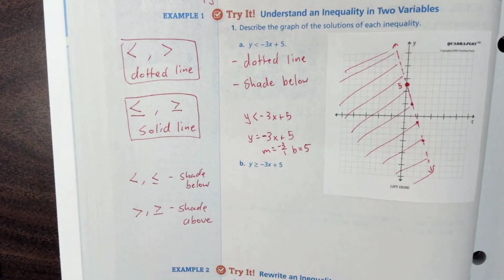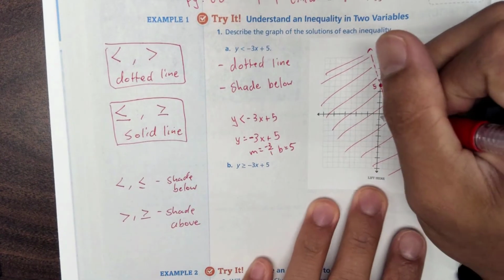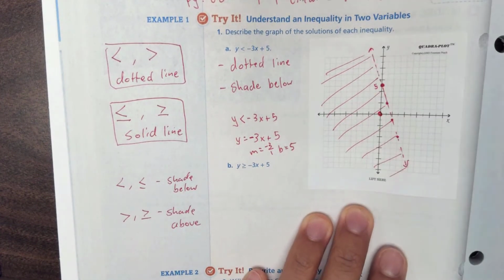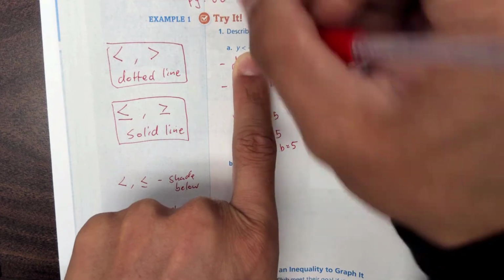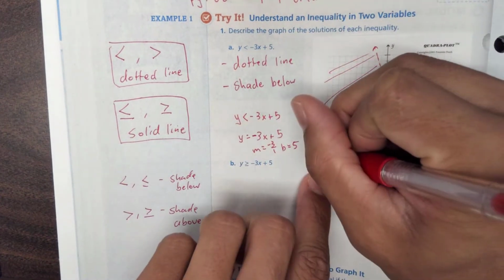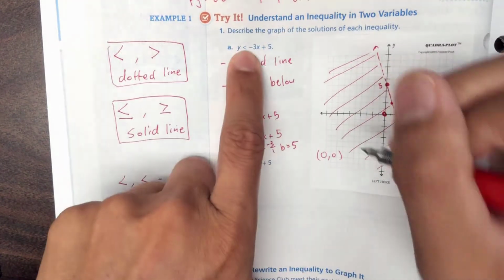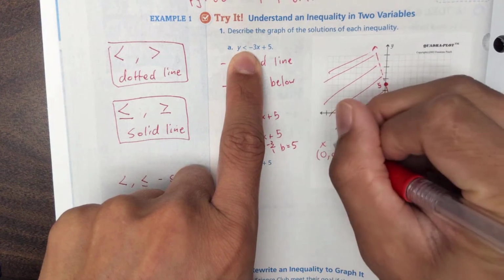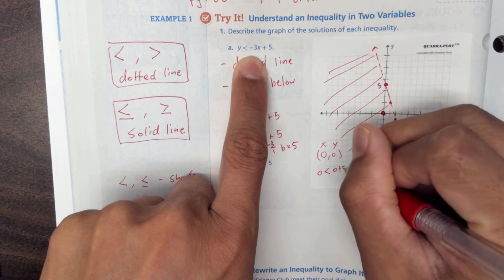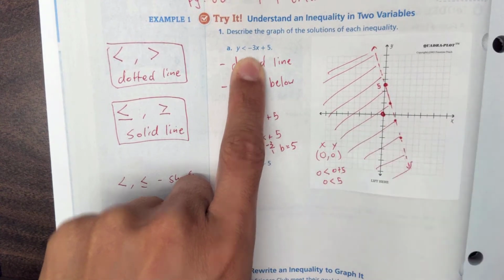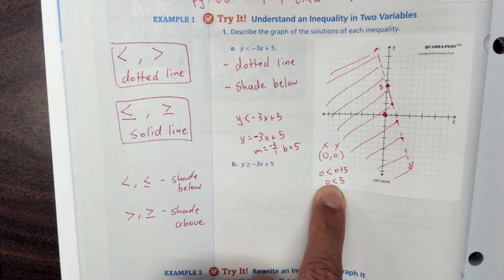Another way to look at this is if you were to test a point, let's say you tested 0, 0, since it's in the shaded region. Plugging 0, 0 into the inequality, x and y, that's going to be 0 is less than 0 plus 5. Is that a true statement? Is 5 greater than 0? Yes, it is.